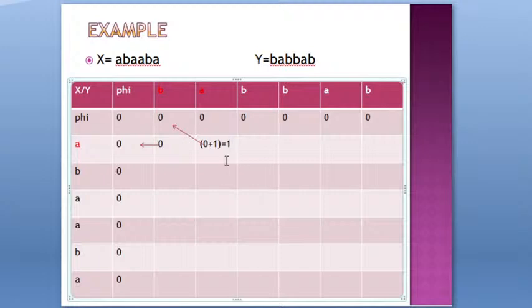So 0 + 1, which is 1. Okay? Clear? Clear, students?